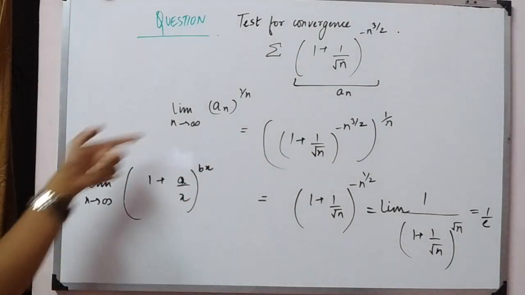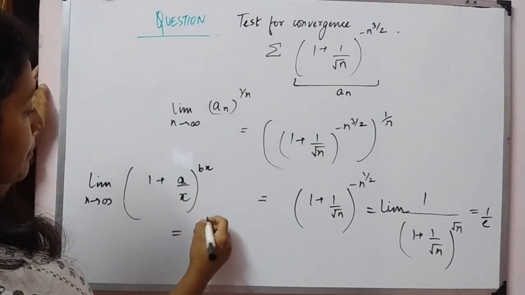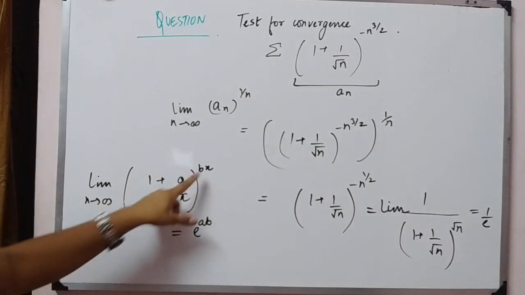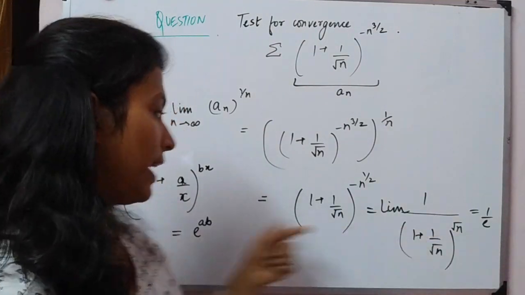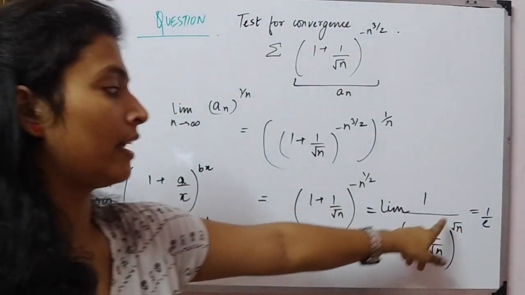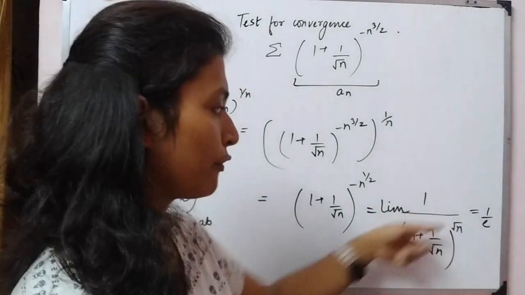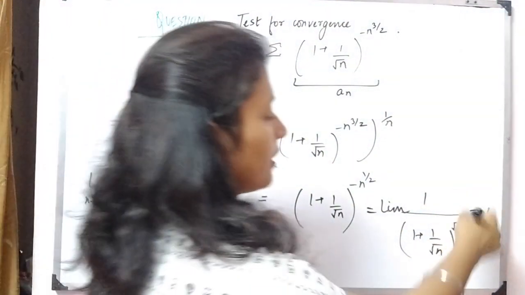If you have such a condition, then the limit comes out to be e raised to power ab. Here we have root n and root n, that is, x can be replaced by root n, and a is 1 and b is 1, so we get the limit of this term to be e raised to 1 as it is. Now we get 1 upon e.